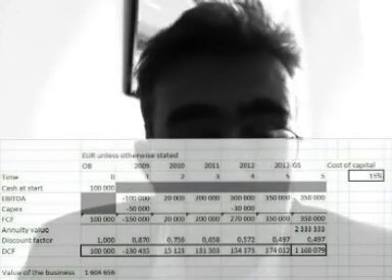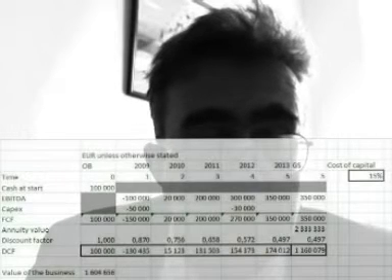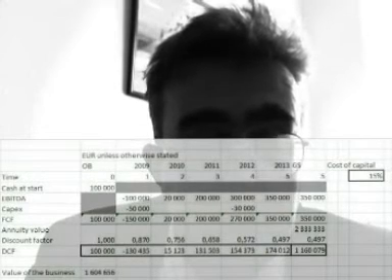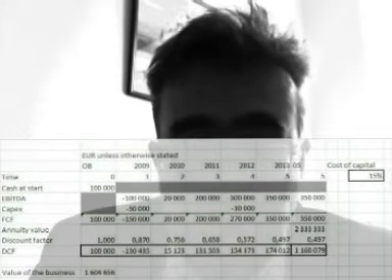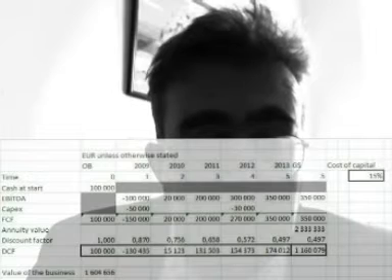At this point we've now got a negative value of the business here. If I put the capex in the third period to 300,000, then we've got a seriously negative value.